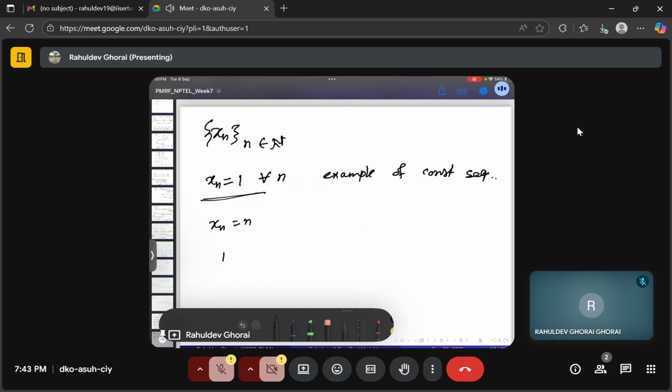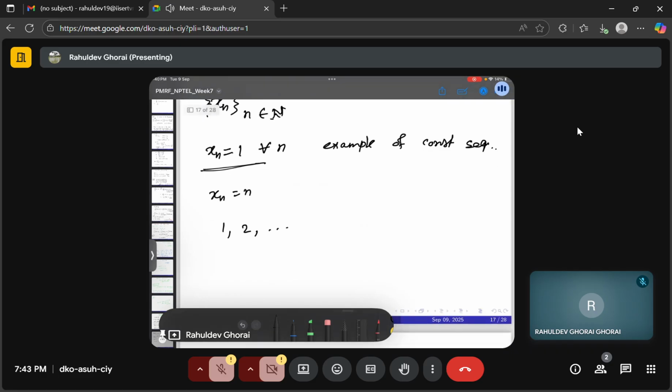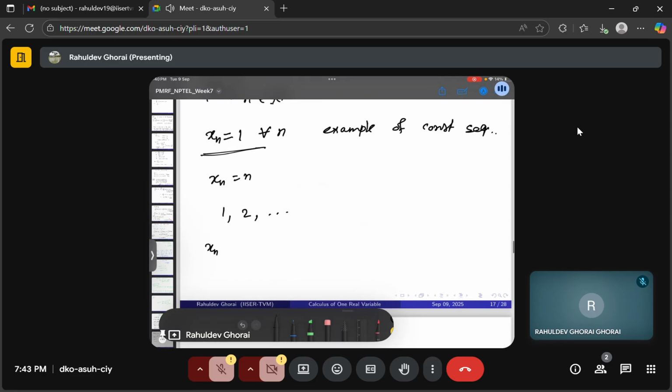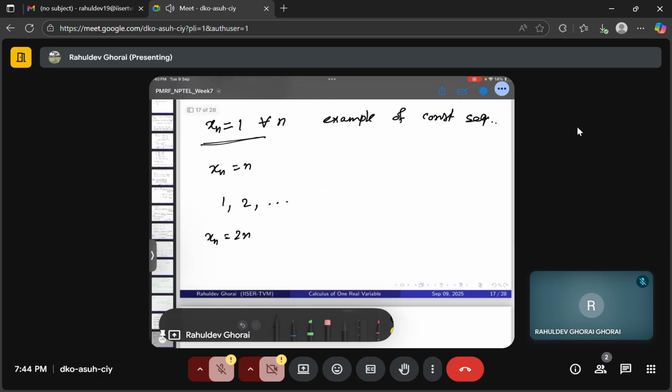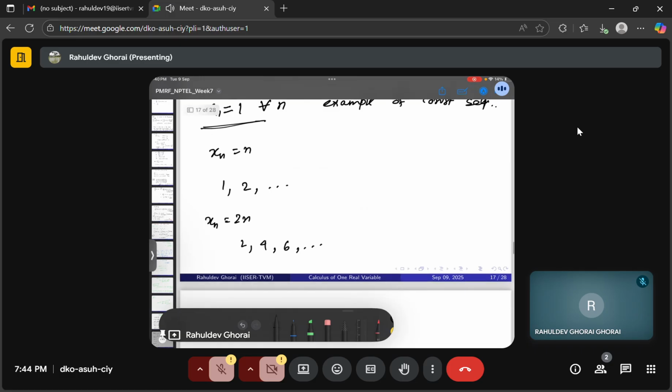Let's say the numbers are 1, then 2. xn equal to n gives natural numbers to natural numbers mainly. xn equal to 2n will be 2, 4, 6, even numbers like that, right? These are all sequences. Sequence means you have a map from N to R. As I said, real valued sequence of course, but that is a sequence for us.